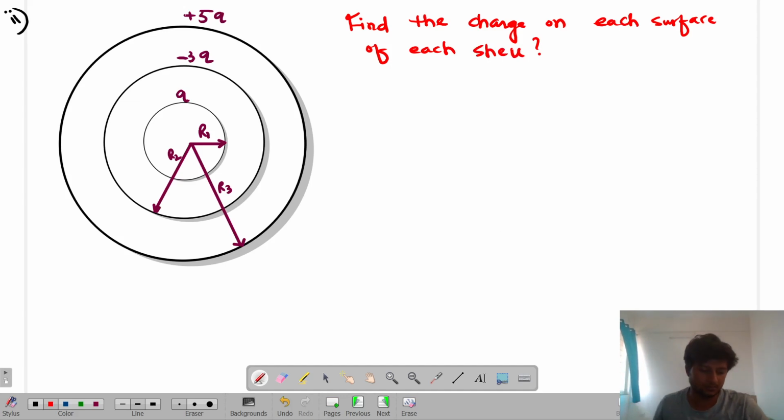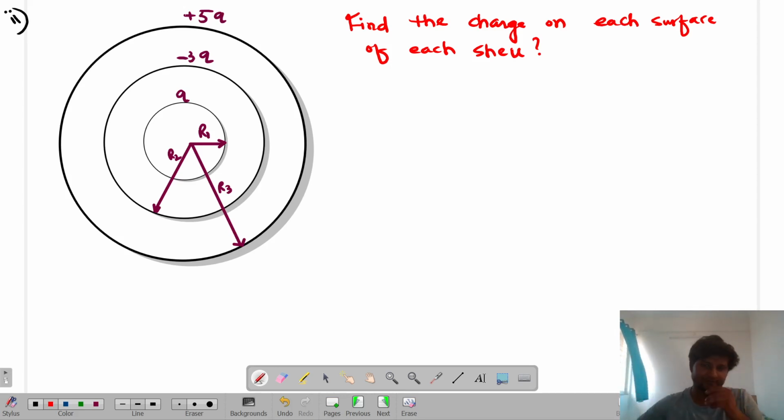Tell me quickly. Find the charge on each surface of each cell. Can you try it?